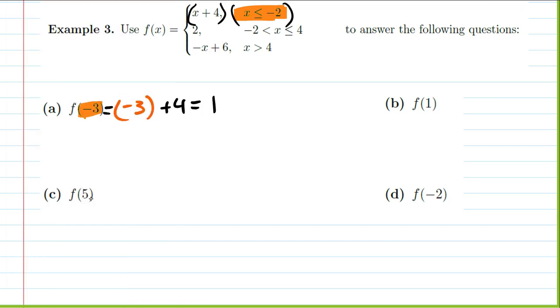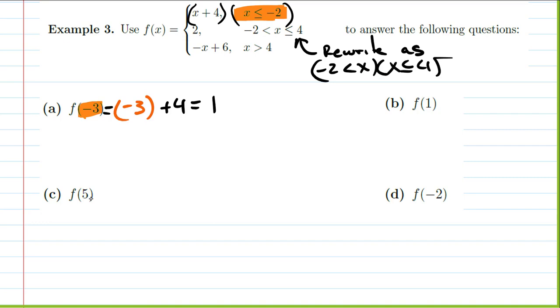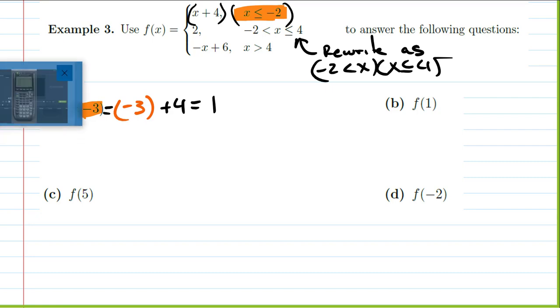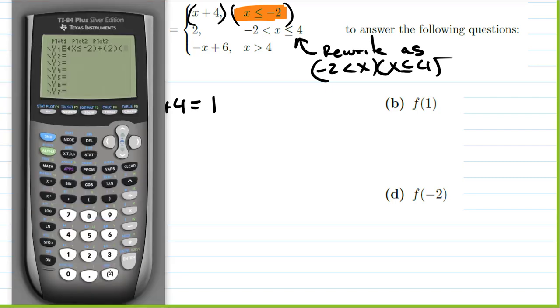To put in a compound domain, we need to rewrite it as the two different parts. So we're going to have -2 is less than x, and then the second part is x is less than or equal to 4.